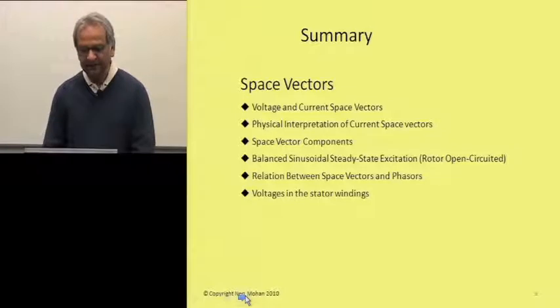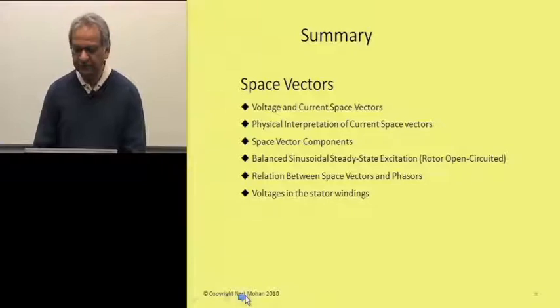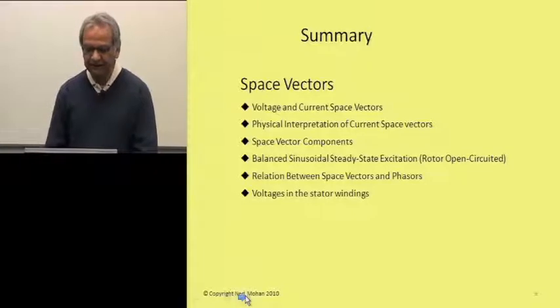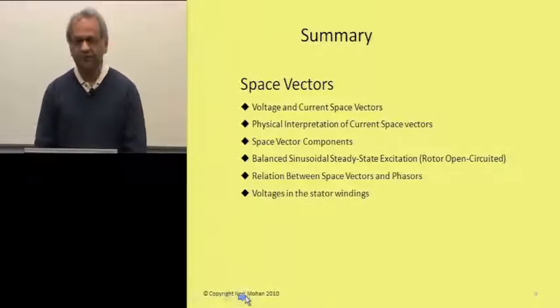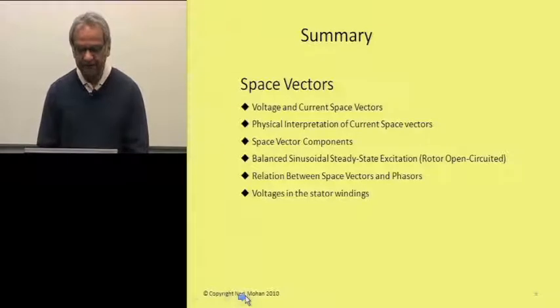We can also calculate what the induced EMF would be in these phase windings because of these currents, and then we saw the relationship between space vectors and phasors. So it's a very useful way of analyzing these machines and later on controlling them.